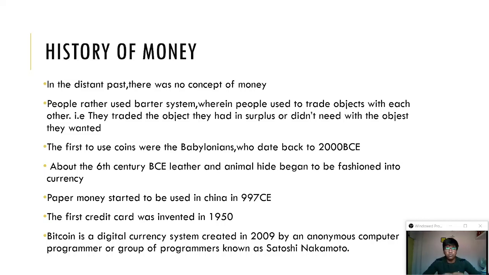This barter system had its flaws though, because people didn't usually trade items of equal value. For example, the Portuguese were obsessed with tulips, so they traded gold for tulip flowers.